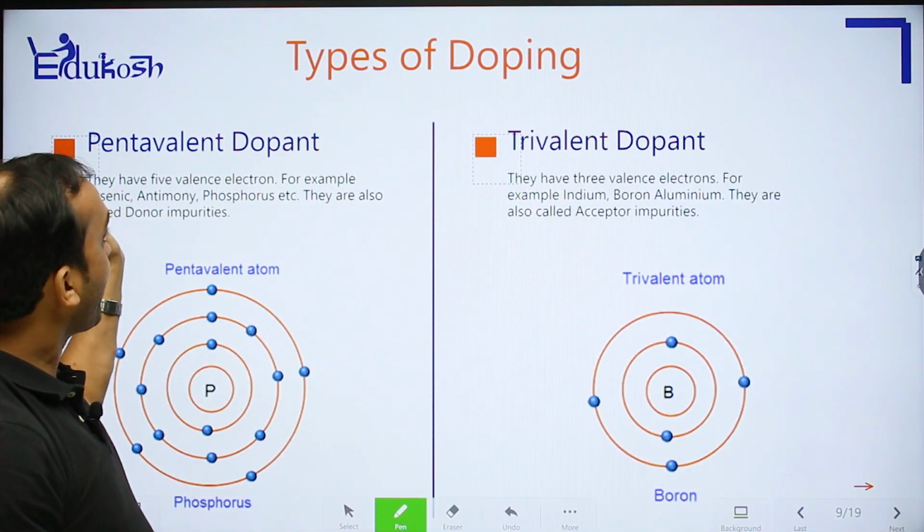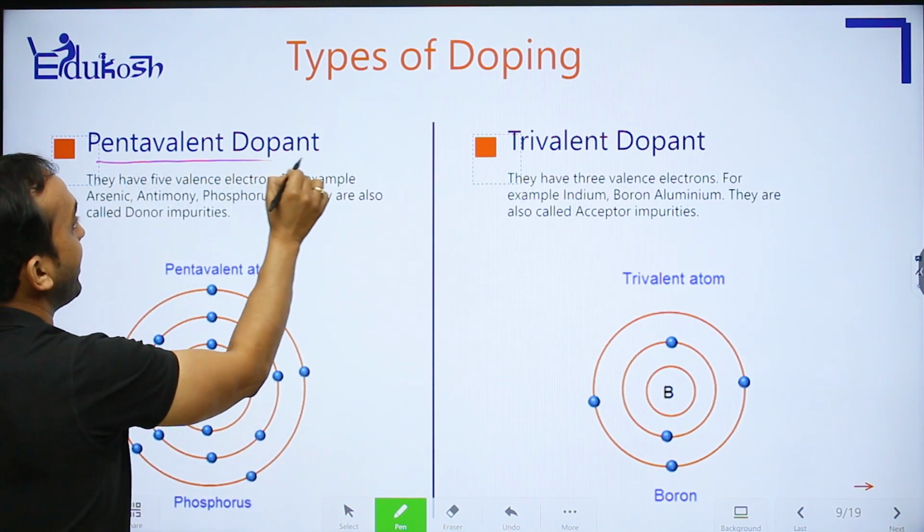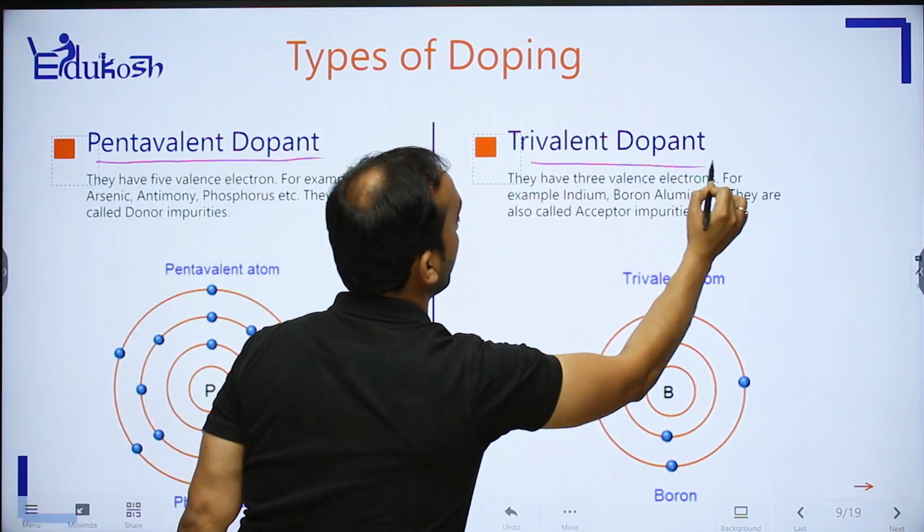Now, what are the different types of dopant we could have? We could have a pentavalent dopant, we could have a trivalent dopant.